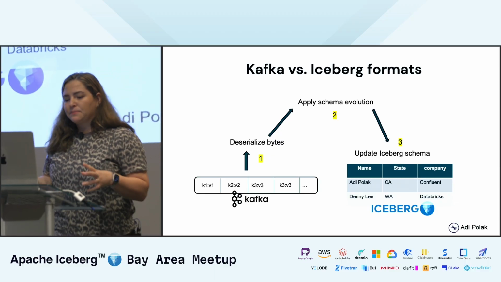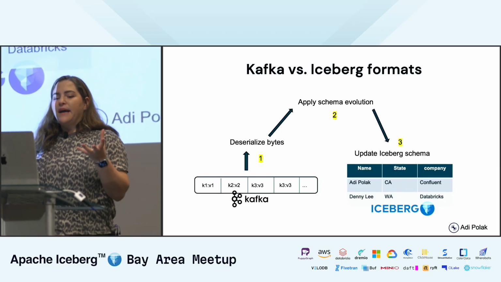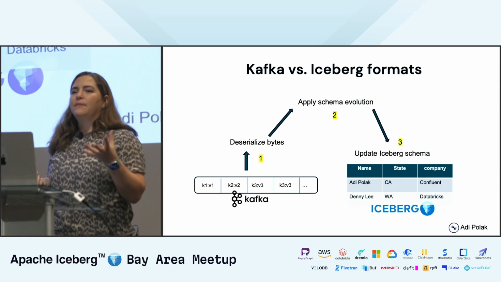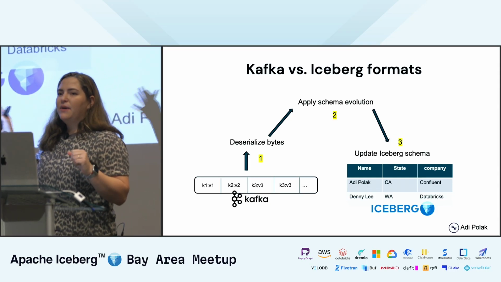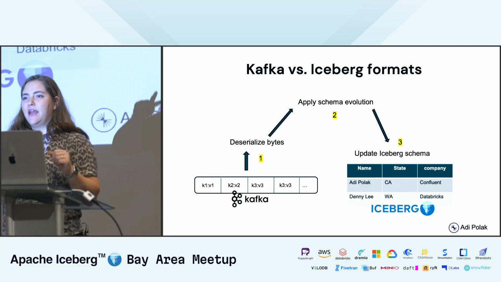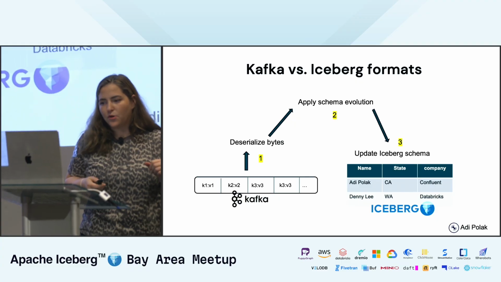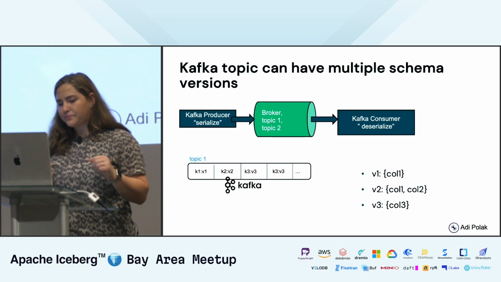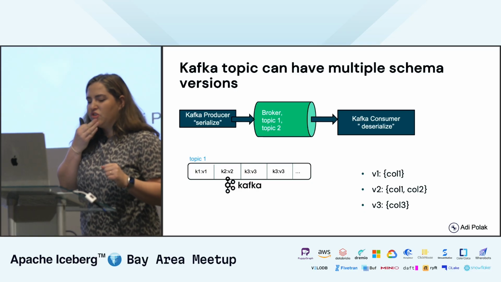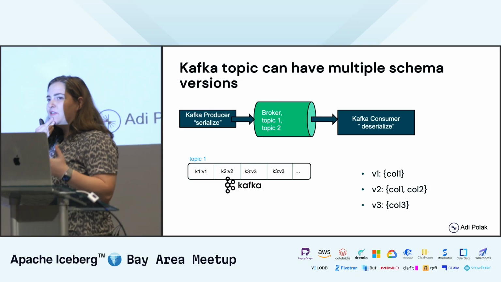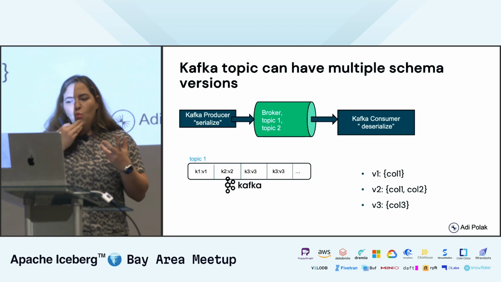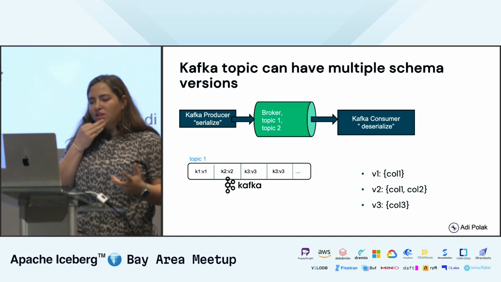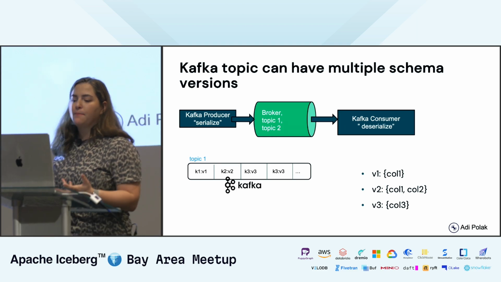So what I want to do is deserialize the bytes, infer some schema, understand what happens in that schema, apply the schema evolution that I need to, and then update my Iceberg schema back in. But I'm facing the challenge that I can have different schemas with different values. It's not always consistent. So what do I do? How do I go about changes of schema versions that are not always compatible?